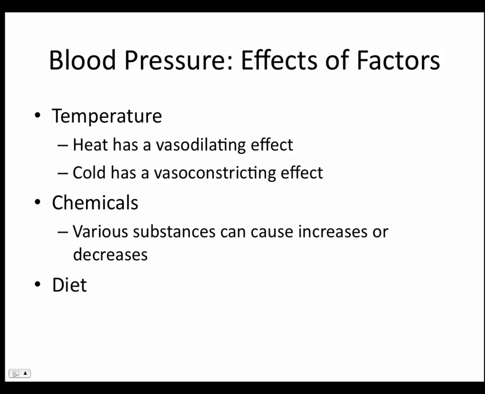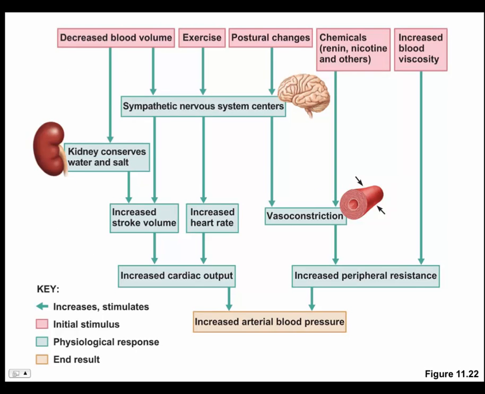Temperature: if we look at heat, it has a vasodilating effect. And if it's cold, it's going to have a vasoconstricting effect, which also regulates how much blood is able to flow through your vessels. And then, of course, we have chemicals and your diet. Aspirin is a dilator, and a lot of the pills that you take have different effects on your blood pressure.